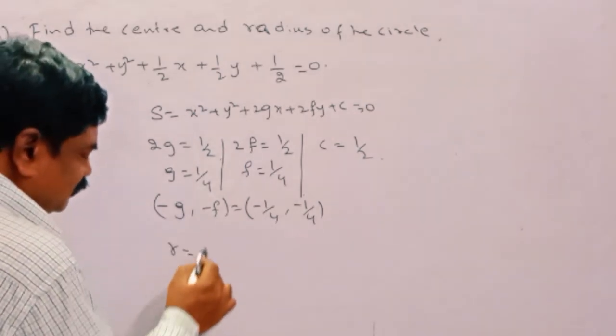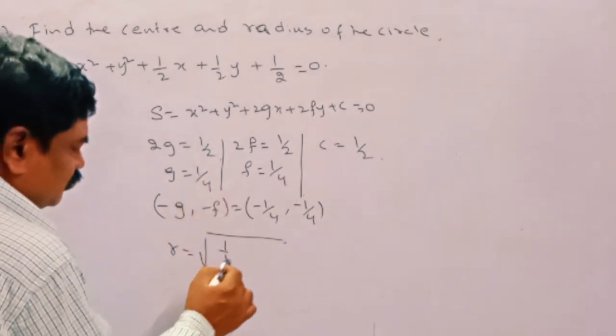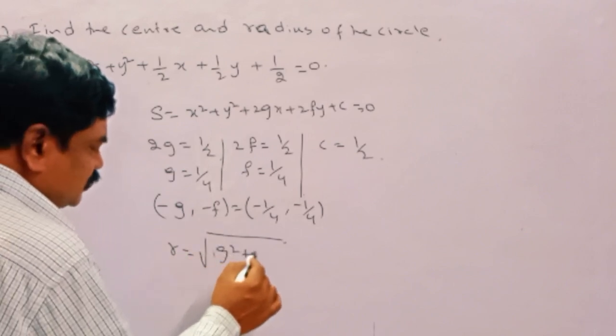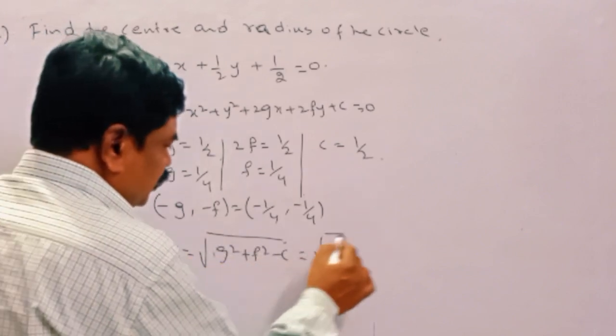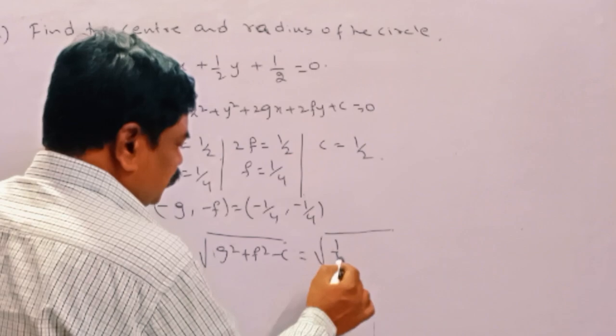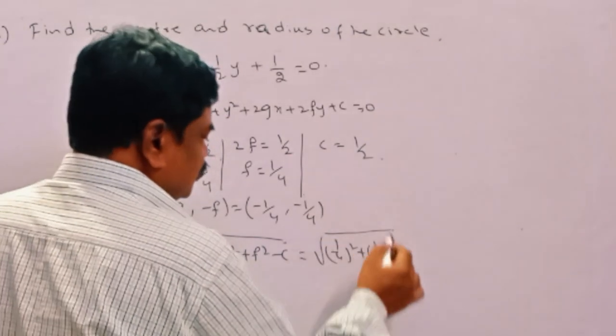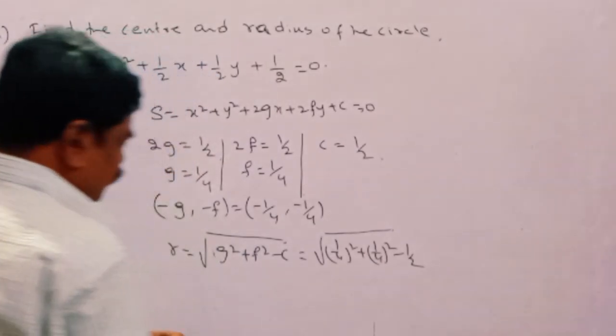And the radius of the circle is root over g square plus f square minus c, that is root over 1 by 4 whole square plus 1 by 4 whole square minus c, which is 1 by 2.